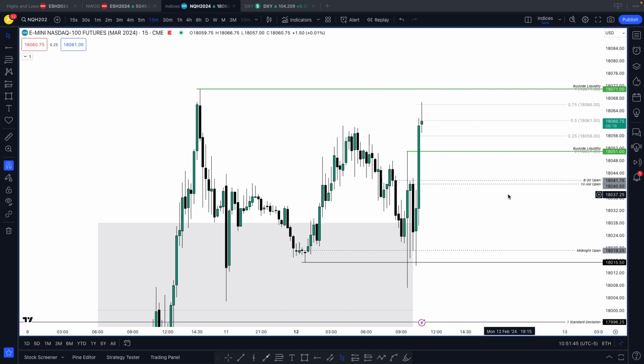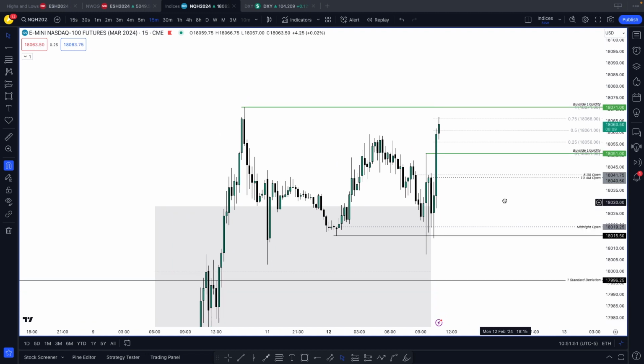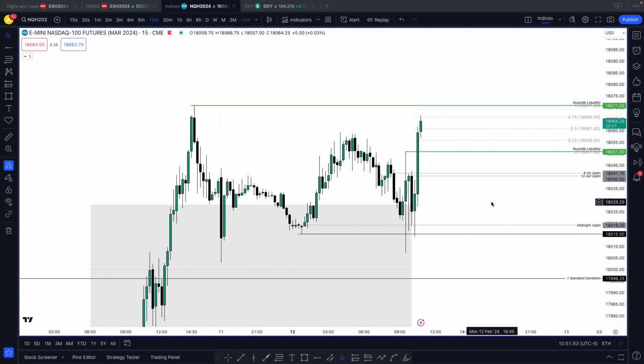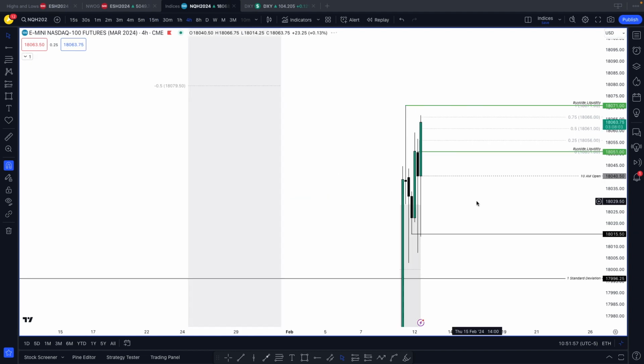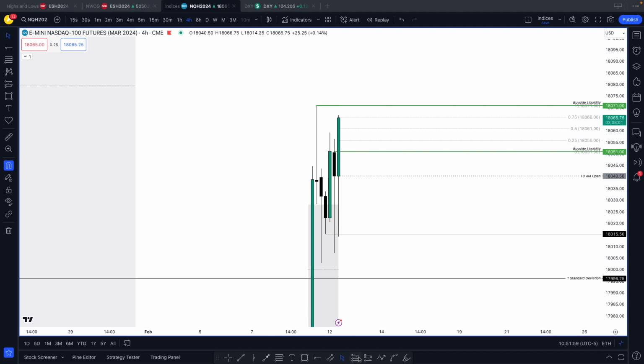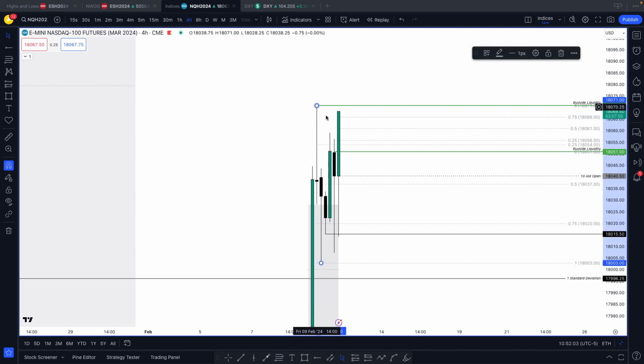Can you talk about standard deviation projection if there's only sky above us? Yeah. So we could look at a couple different projections here. If we're looking at a 4-hour for the start of things, then we could look at the lowest low up to the high. And here you go, your buy side is working toward up here.